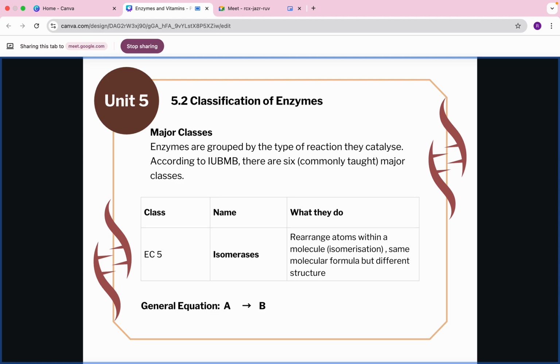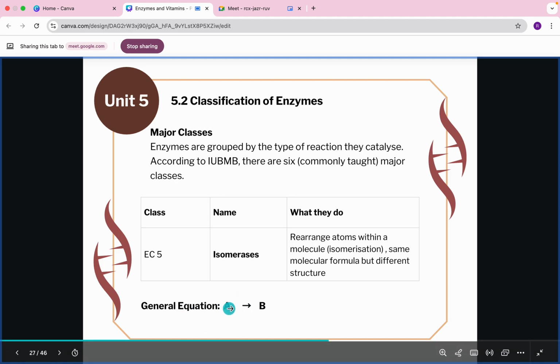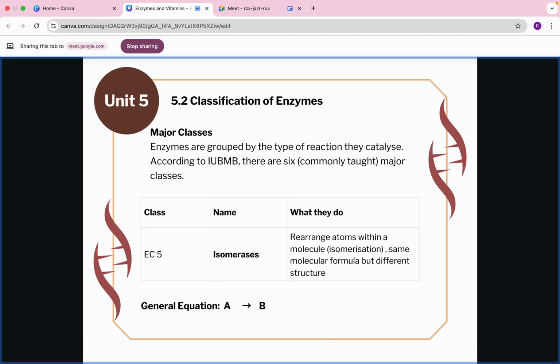Isomerase is an enzyme that catalyzes isomerization or basically rearrangement of atoms of a substrate into a reaction converting it into a molecule which is an isomer of that substrate. So we have here basically you convert A to B through isomerization reaction.